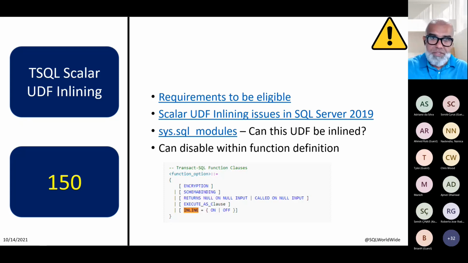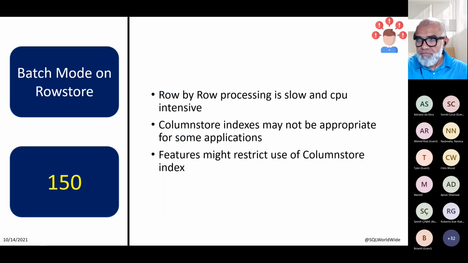And if you write a function today, and for some reason you know that you do not want it to be inlined, without using any hint, you can actually put this in your function: INLINE = OFF. That way it will never get inlined. Just in case you have an edge case, I wanted to mention that.